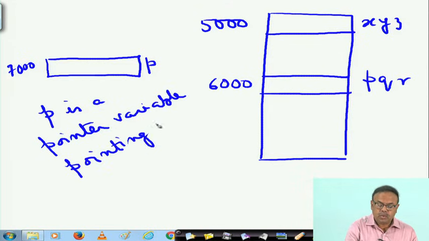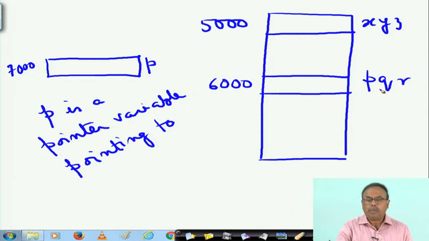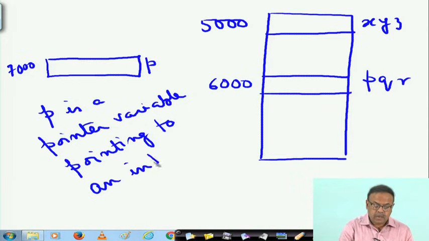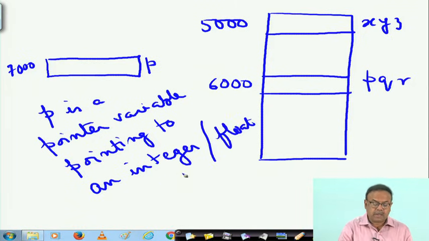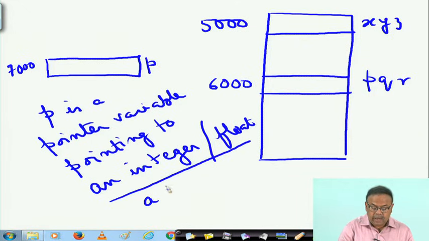then I can say P is a pointer variable pointing to, say, XYZ and PQR are both integers, to an integer, or it could be a float, or it could be some other data type. So, pointer to a particular data type.